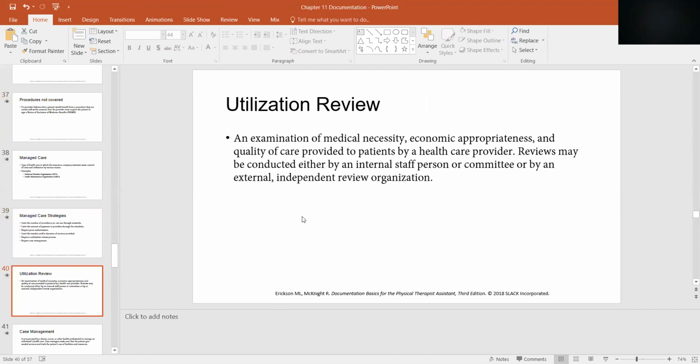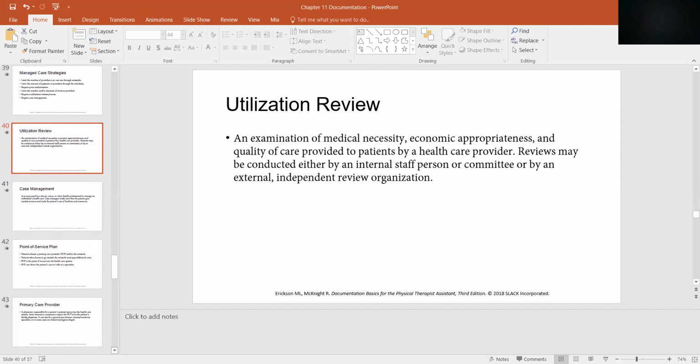A utilization review is an examination of the medical necessity, economic appropriateness, and quality of care provided to patients by a healthcare provider. Reviews may be conducted by either an internal staff person or a committee, or by an external independent review organization.